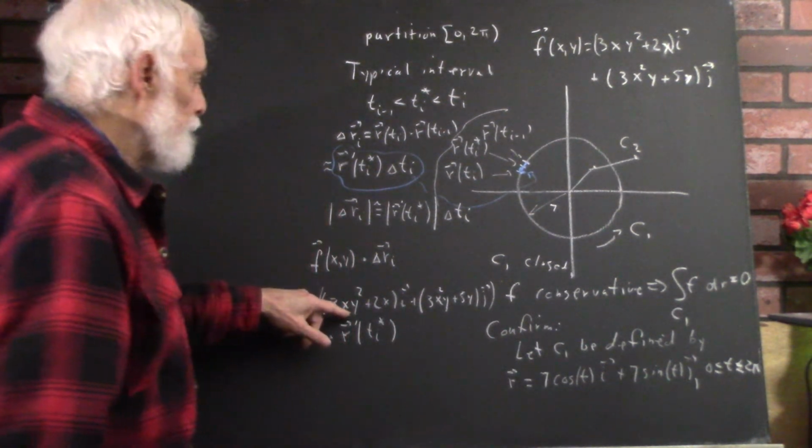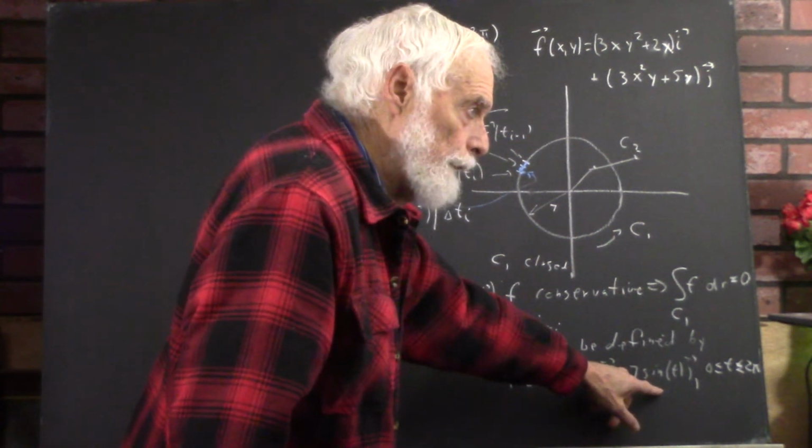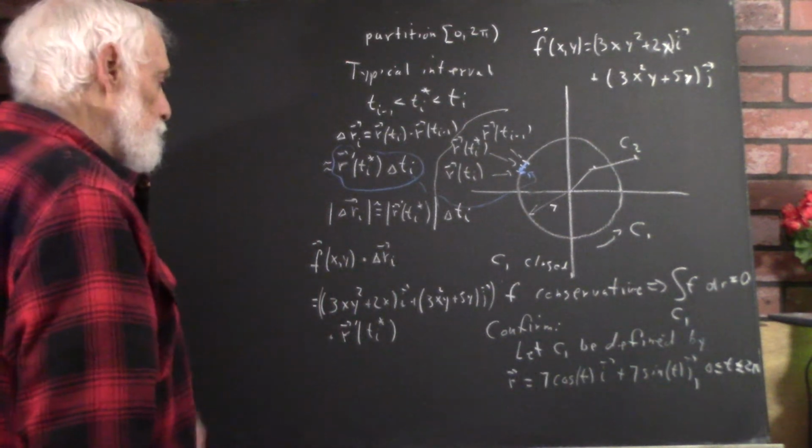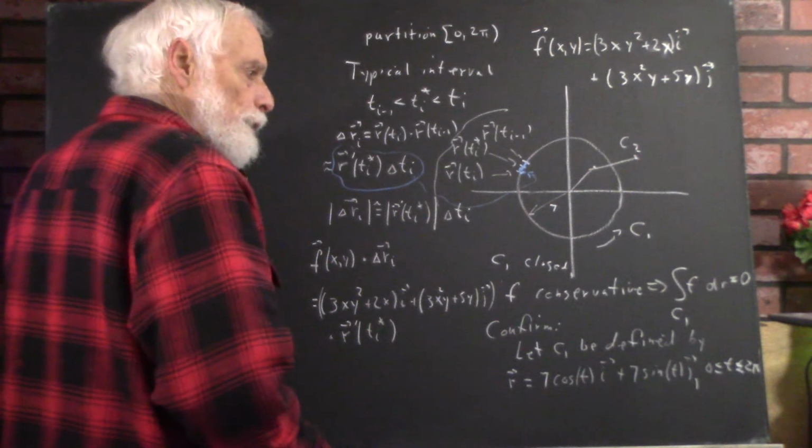Now, of course, x and y are functions of t, and they're going to be evaluated at t_i star. So we're going to rewrite this, and of course our r prime, well, you know, we can do the derivative of r very easily.